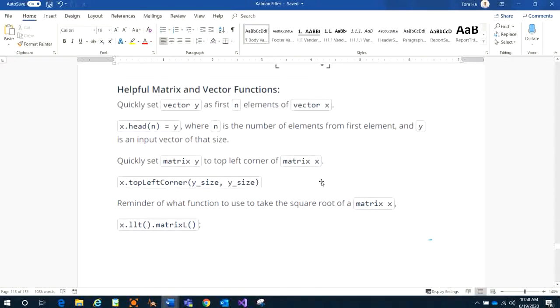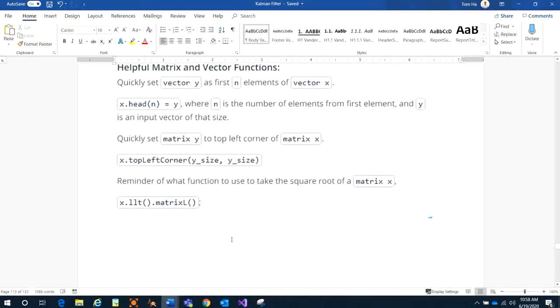You can see here the description of how we use the Eigen library inside the C++ code. I think you understand that.